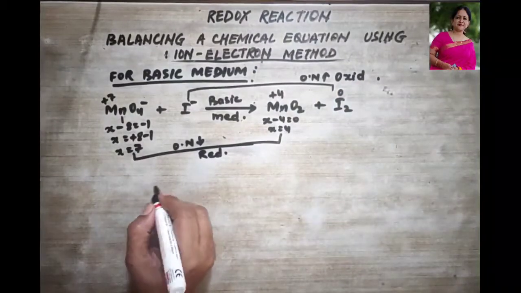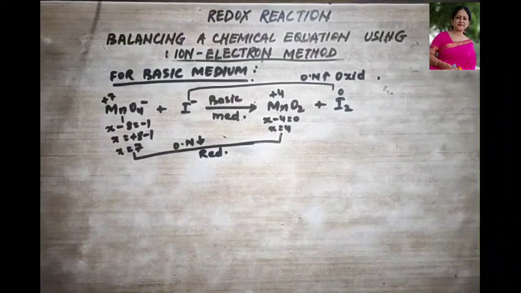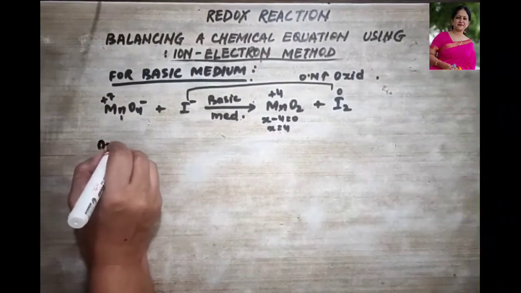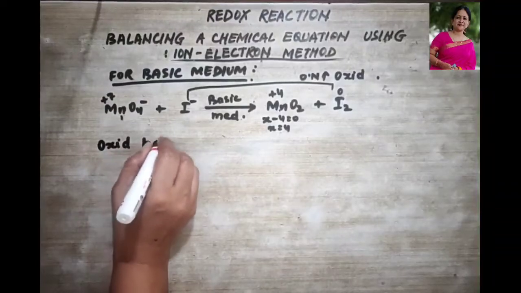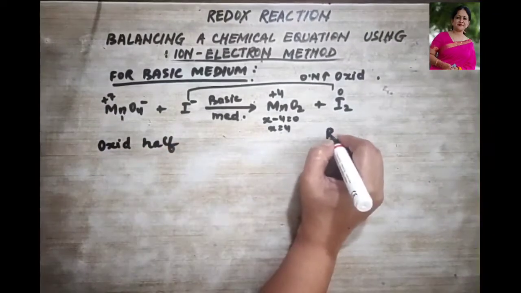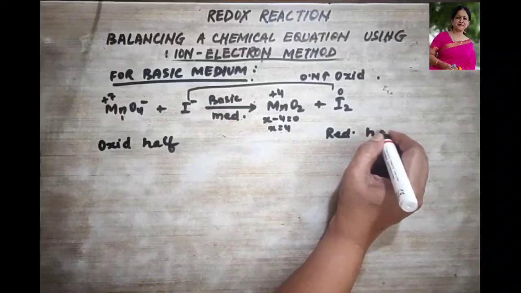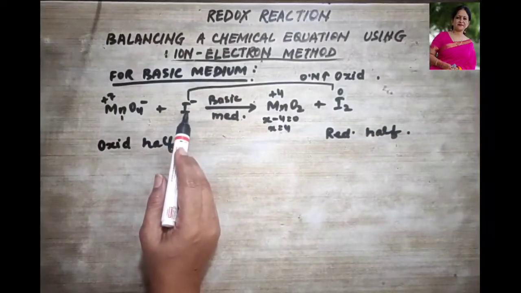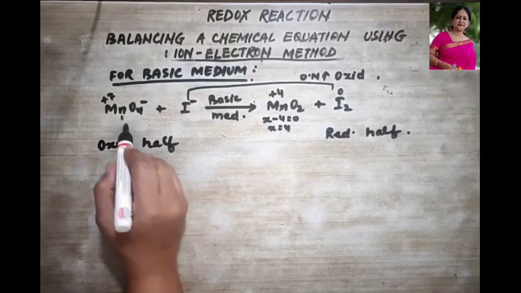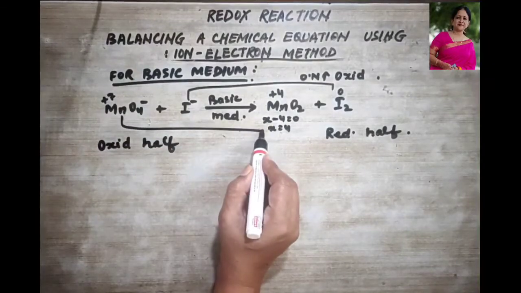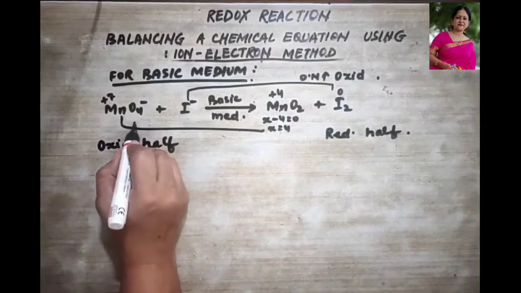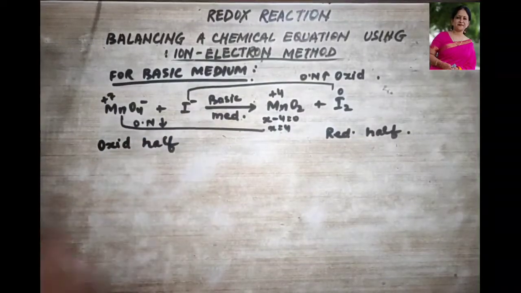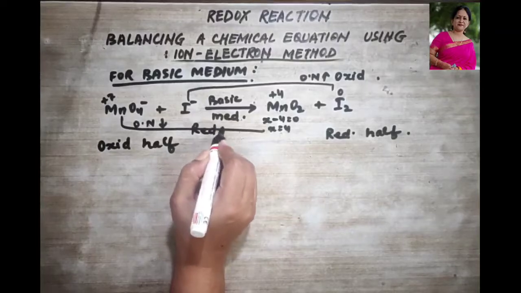So now let us write down the oxidation half and the reduction half. This side will be the oxidation half. This side it is the reduction half. Okay. So oxidation half is which one? This one is the oxidation half. This shows you reduction.